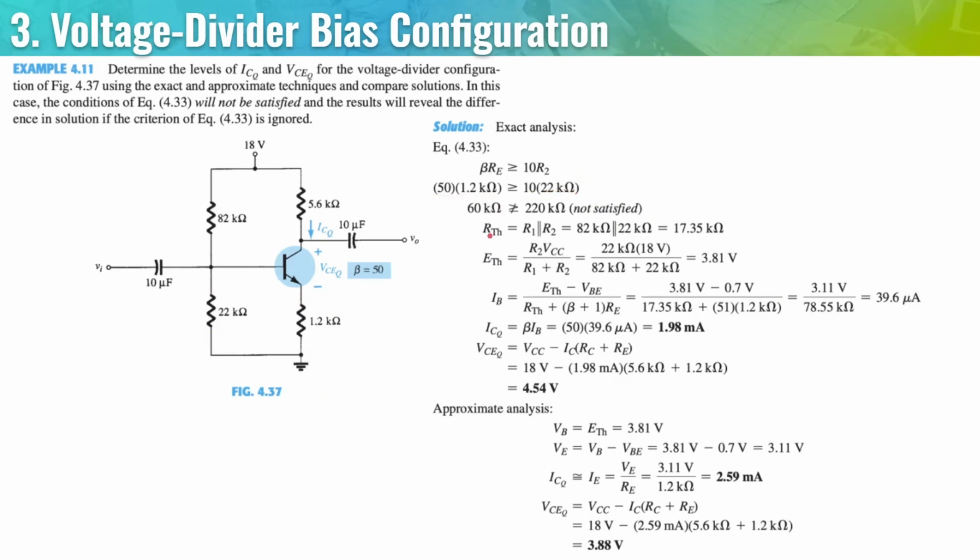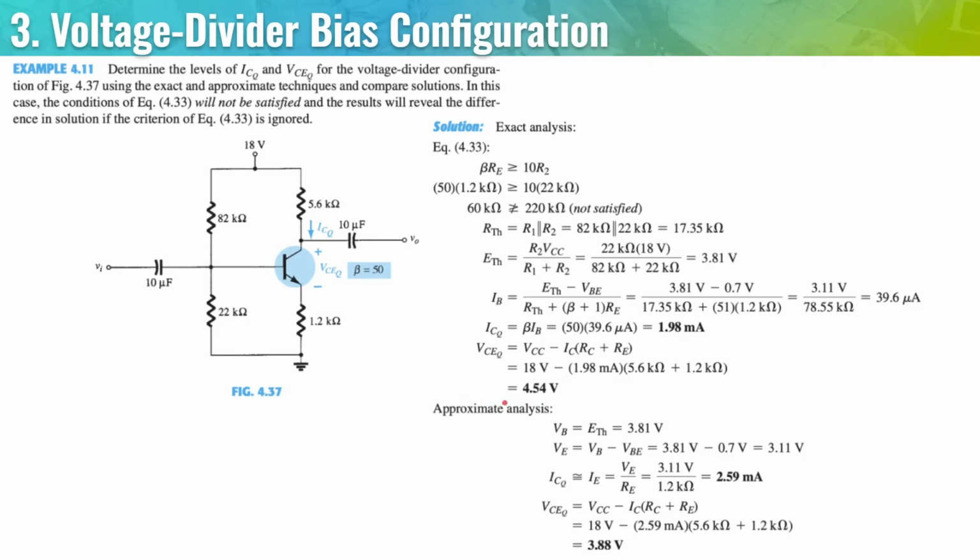So again, we get the Thevenin resistance, the Thevenin voltage, the current IB, then the current IC, and then the voltage across C and E. It's the same as the last item, so I'm not going to discuss that anymore. But now, let's see the difference if we have approximate analysis.